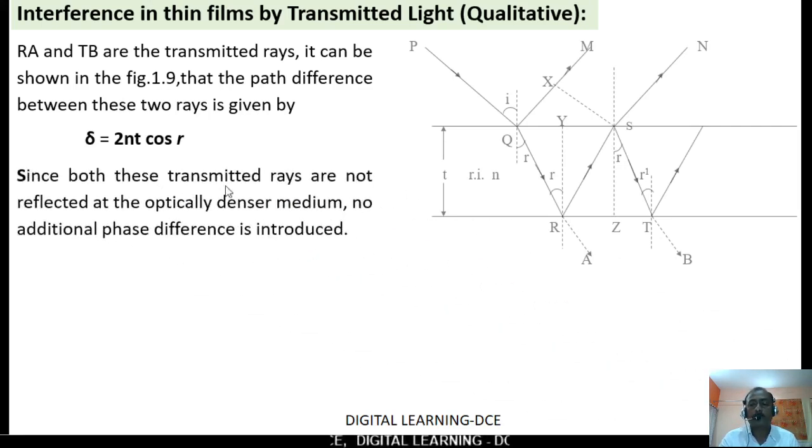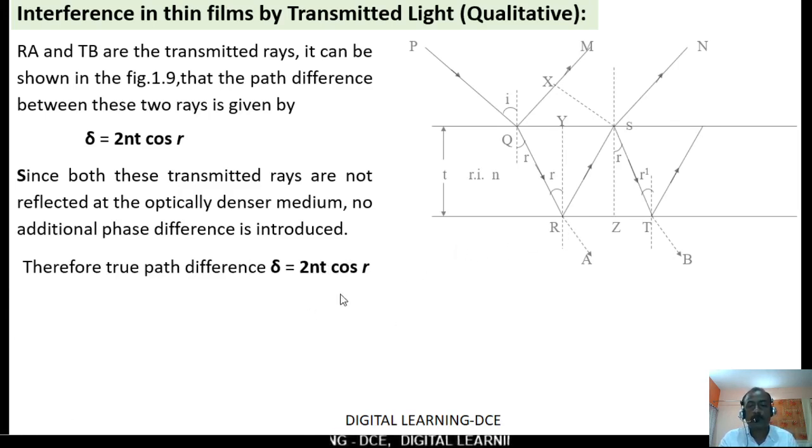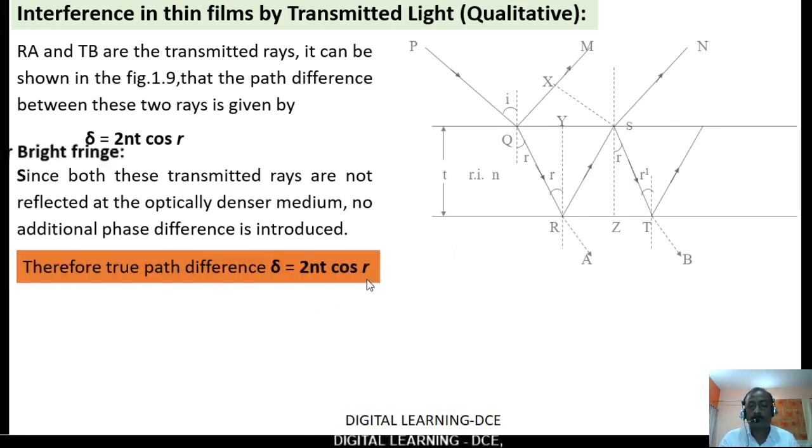Since both these transmitted rays are not reflected at the optically denser medium, no additional phase difference or path difference is introduced between these two transmitted rays. Therefore, the true path difference should be 2nt cos r. There is no additional phase change that takes place here. The true path difference should be 2nt cos r.